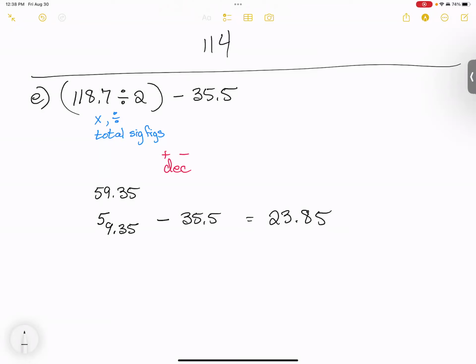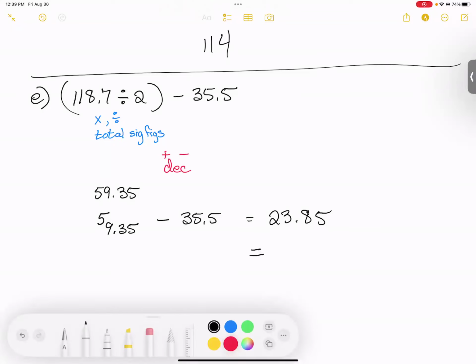So what I know is I'm not allowed any decimal places and I'm only allowed 1 sig fig. So I would record this. That means this digit is the digit I'm dropping.